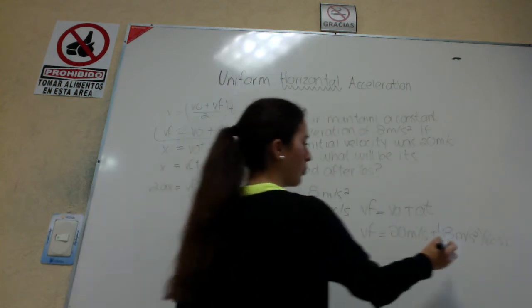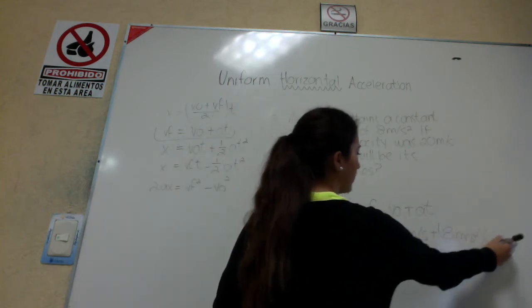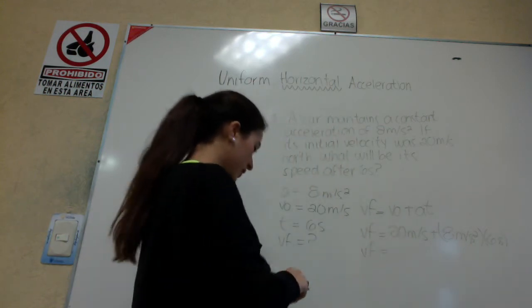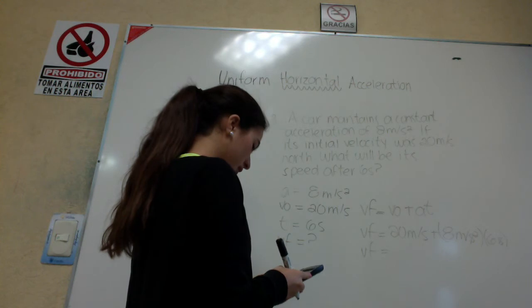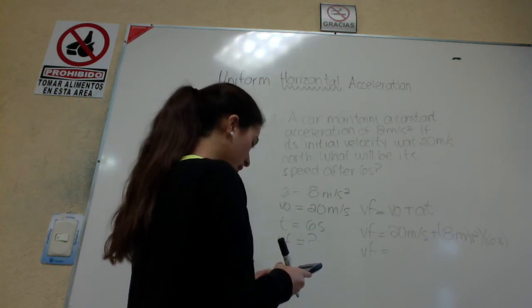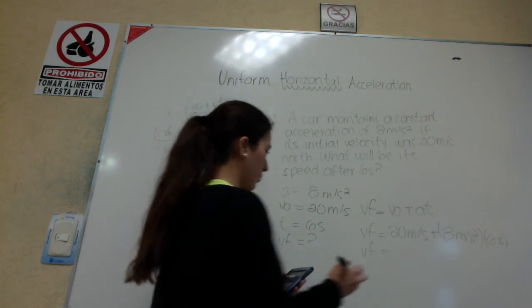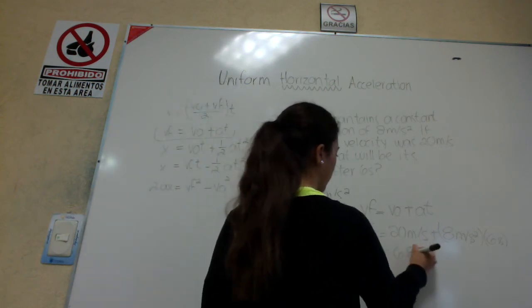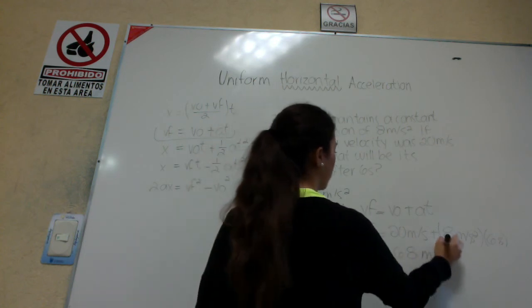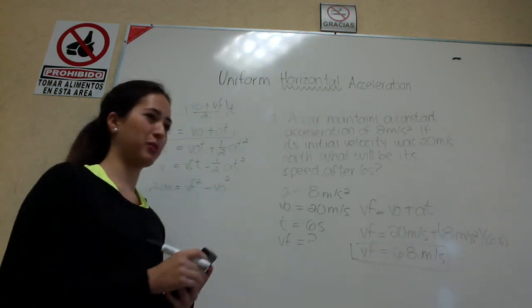And here we eliminate seconds. It will be 6 times 8 plus 20. And we have 68 meters per second. And the final velocity will be 68 meters per second.